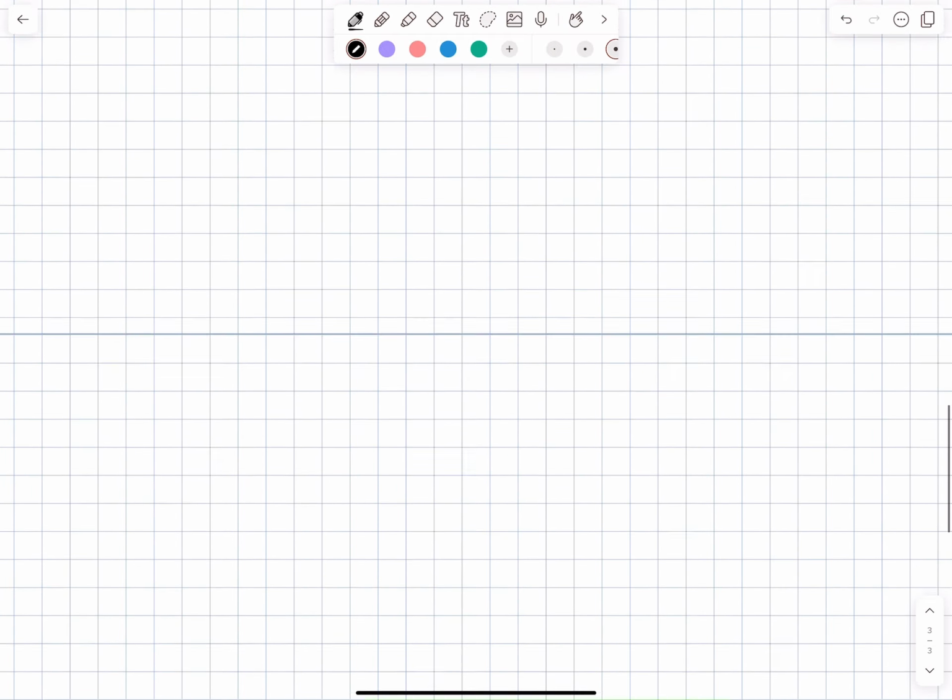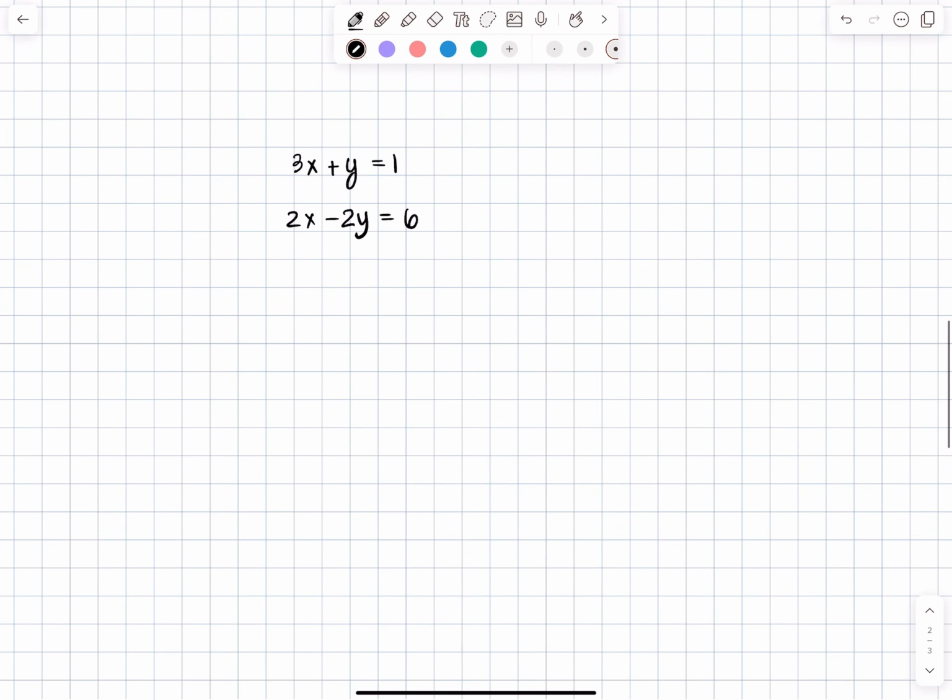So in this case, we have different numbers for x or y, and we need to change the signs too. So here we have a negative 2 in the second function. All we'd have to do is multiply this top equation by 2 so that the y's can cancel out.